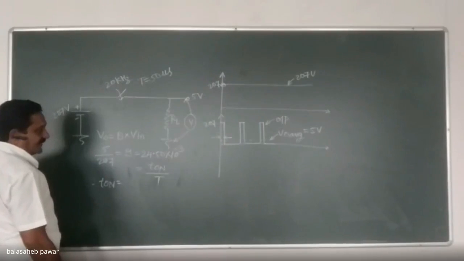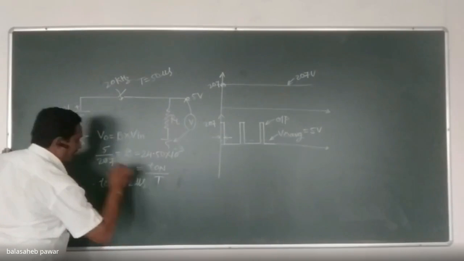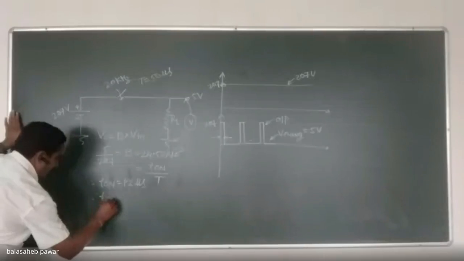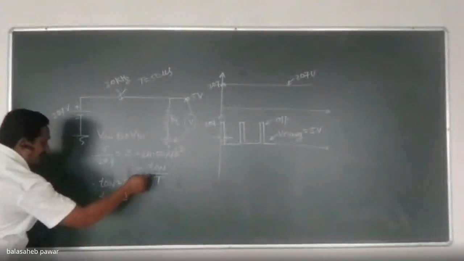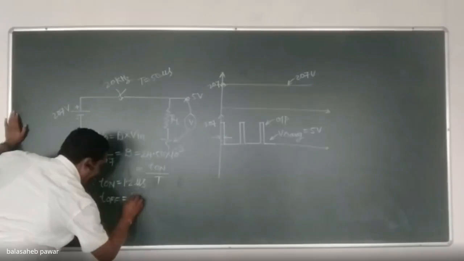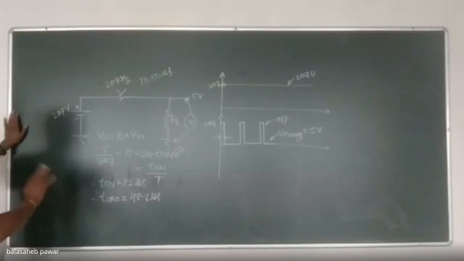Yes, it is 1.2 microseconds, T on. Correct? And therefore, T off is nothing but capital T minus T on, and it will be 48.8 microseconds. Is it okay up to here?